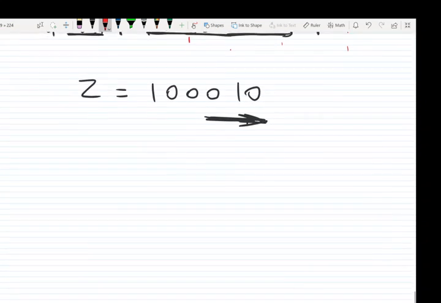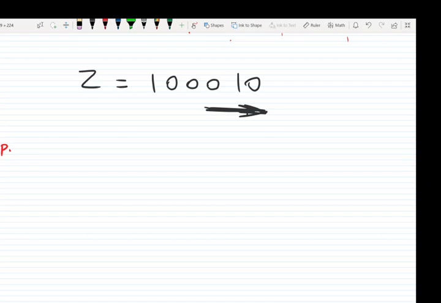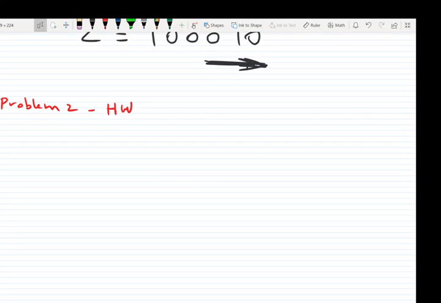Okay, problem number 2 from the homework. Part A: state table and state diagram.